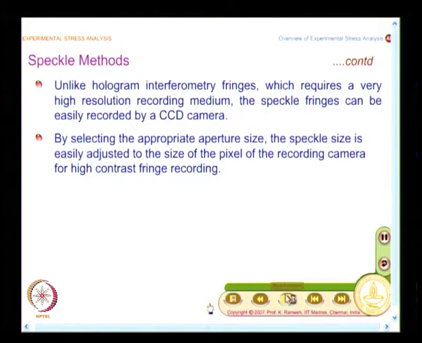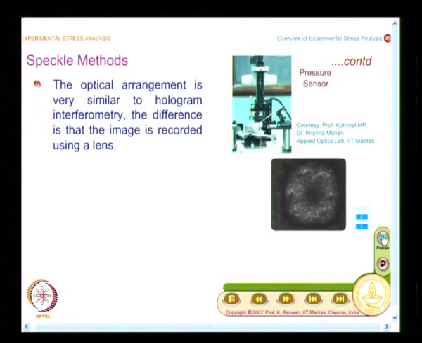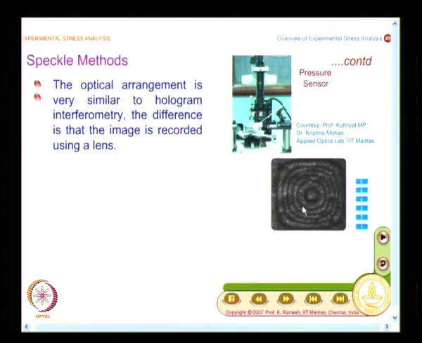If you look at speckle interferometry, it is again very similar to hologram interferometry, and we had seen that hologram recording is a lensless photography. Once you come to speckles, we record only subjective speckles, and subjective speckles are recorded by a lens.